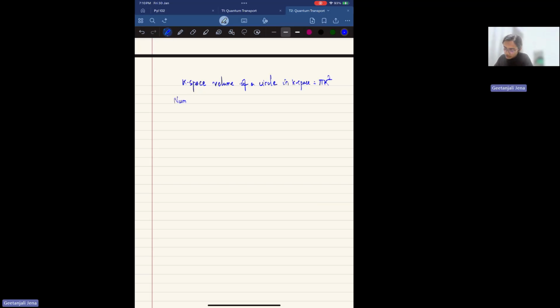So that means the total number of filled states in k-space, this is a circle, right?